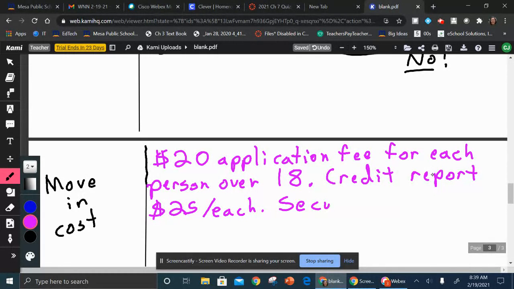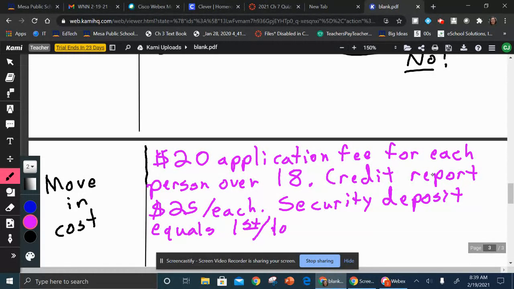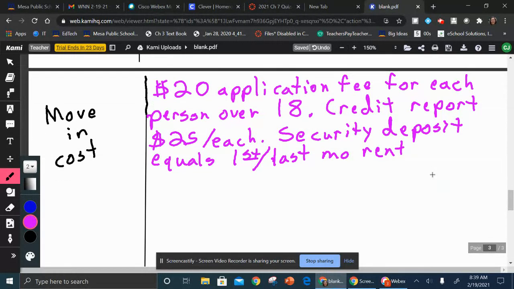You also have to pay a security deposit, which equals the first and last month's rent, and sometimes they'll add more on top of it. There's also usually extra cost if you have pets.